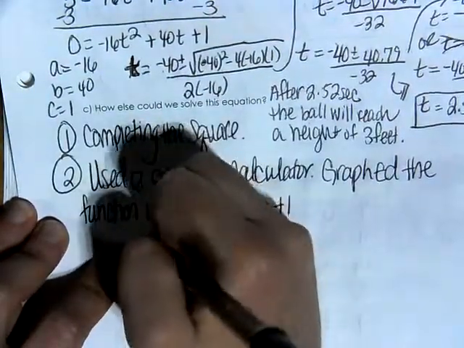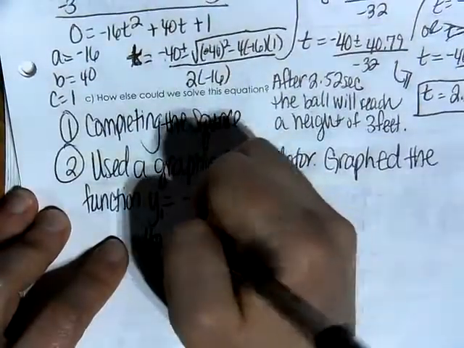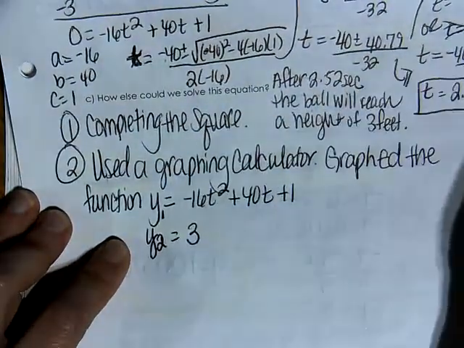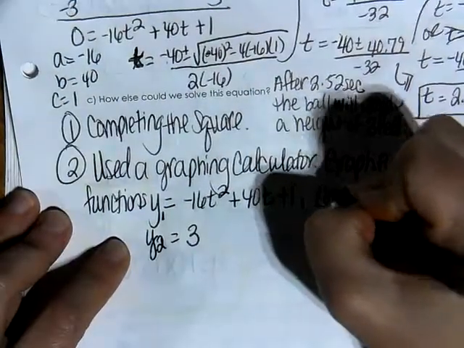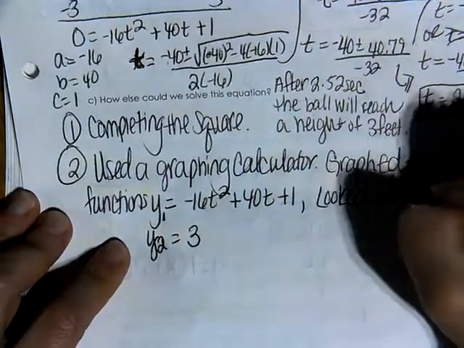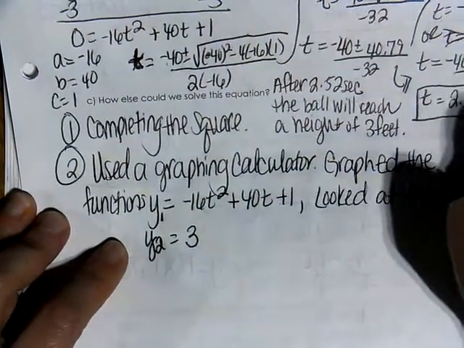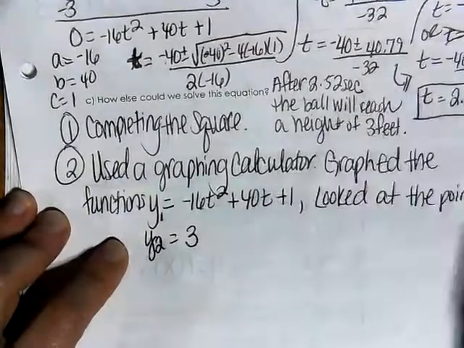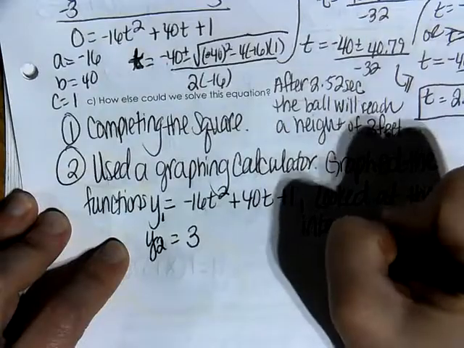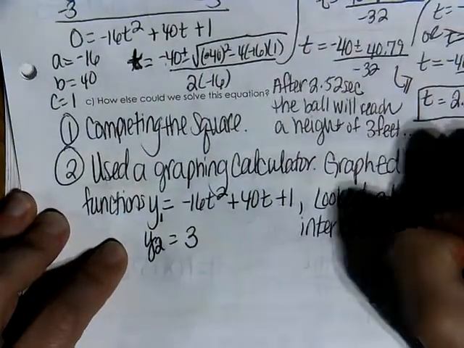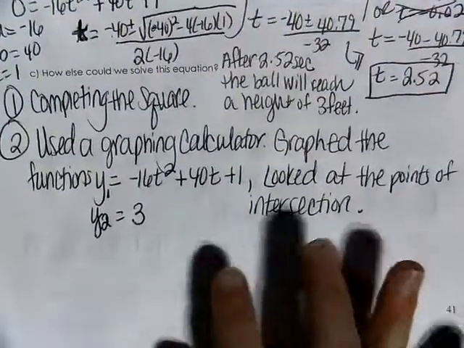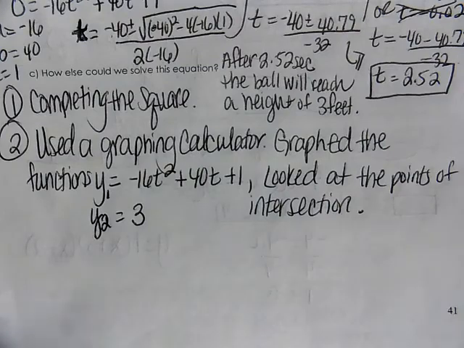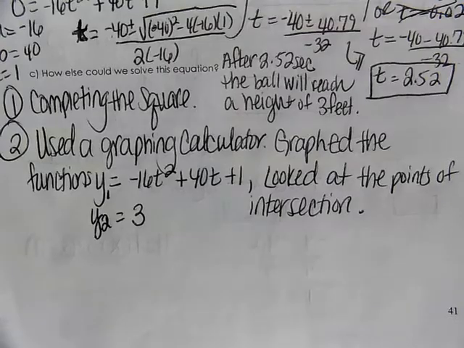And then the other function, we would have had y equals 3. I'm going to say graph the functions. And we would have looked at the points of intersection. Because the points of intersection would have been the indicator of 2.52. That would have indicated after how much time the ball would have had a height of 3 feet.